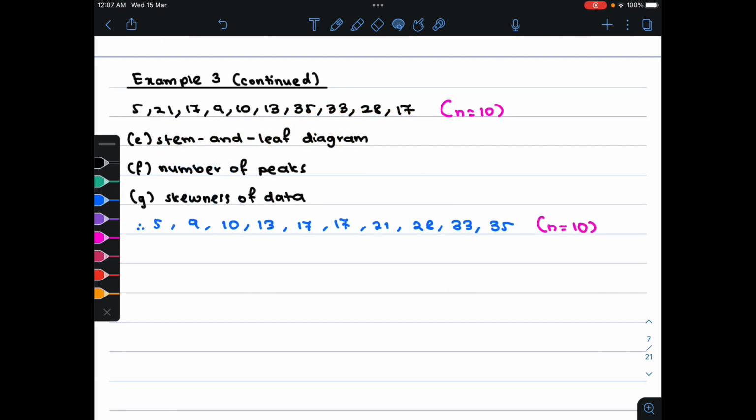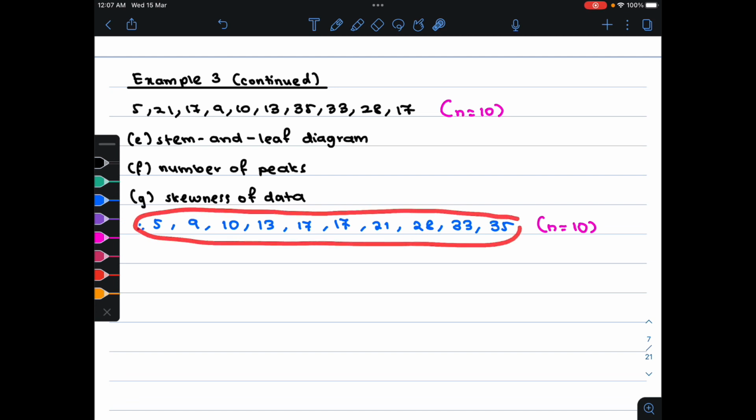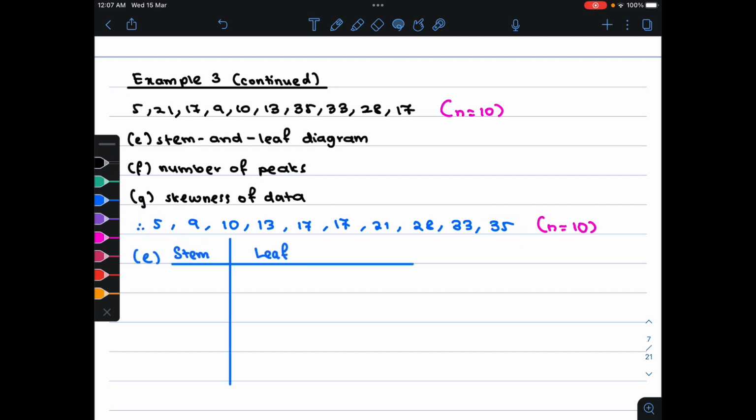Let's do example 3 continued, where we are using the same example as the last one. So here we have already arranged our data from smallest to biggest. And for part E, we need to draw the stem and leaf diagram. So for leaf, we have this last digit here, and the stem will be the rest of it.